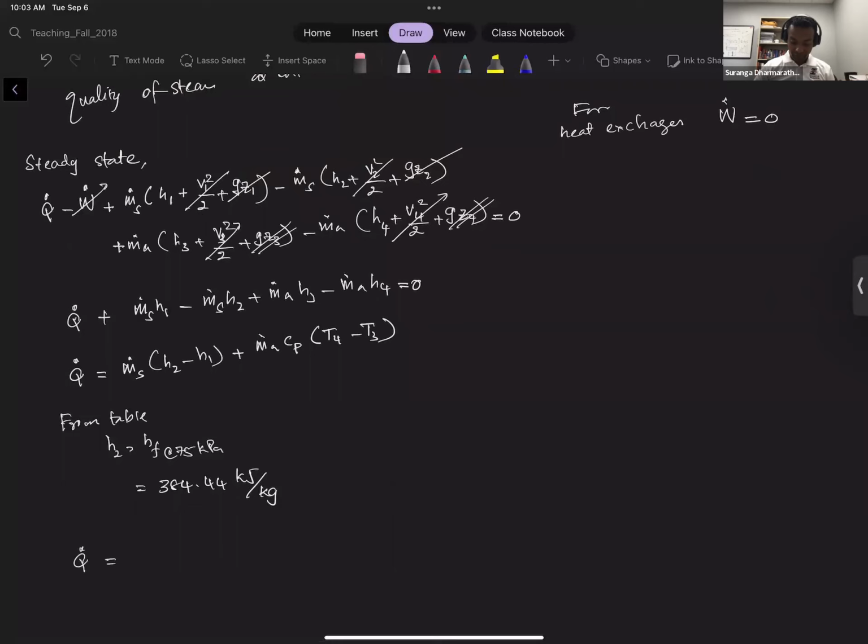Then Q dot is equal to m dot s, which is 1.5 per minute.